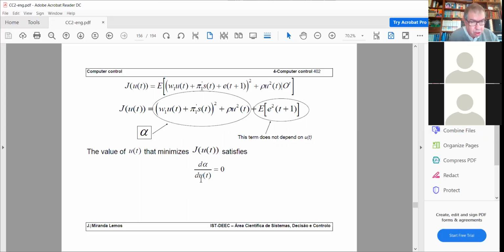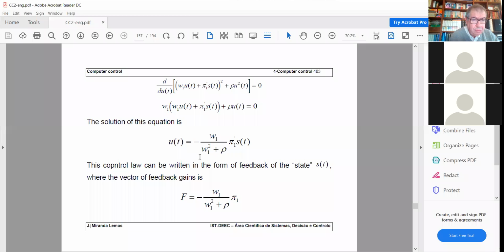So this is a normal, ordinary derivative. Let's compute it. If you compute it, you get this stuff, and you solve it, you equate it to 0, you get the optimal control.